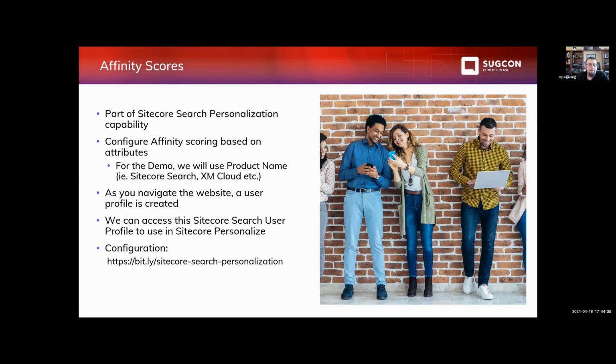Inside Sitecore Search, there is something called affinity scoring, which helps Sitecore Search return more relevant personalized search results. There's essentially two types of personalization that exist inside Sitecore Search.